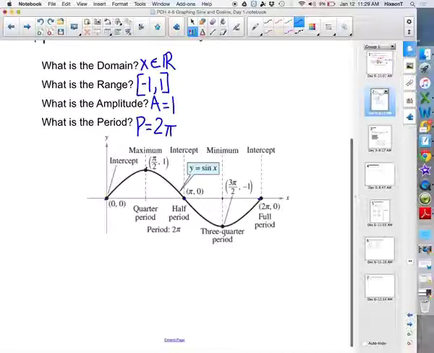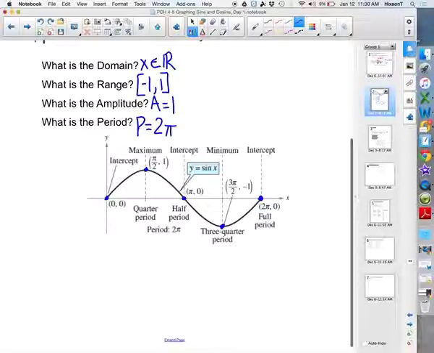So it starts at 0, 0, then we have pi over 2, 1, then pi, 0, 3 pi over 2, negative 1, and then back to 2 pi, 0. Anytime you draw a sine curve for me, I want you to list 5 points. You're allowed to list more, but I'm going to be looking for those 5 points.